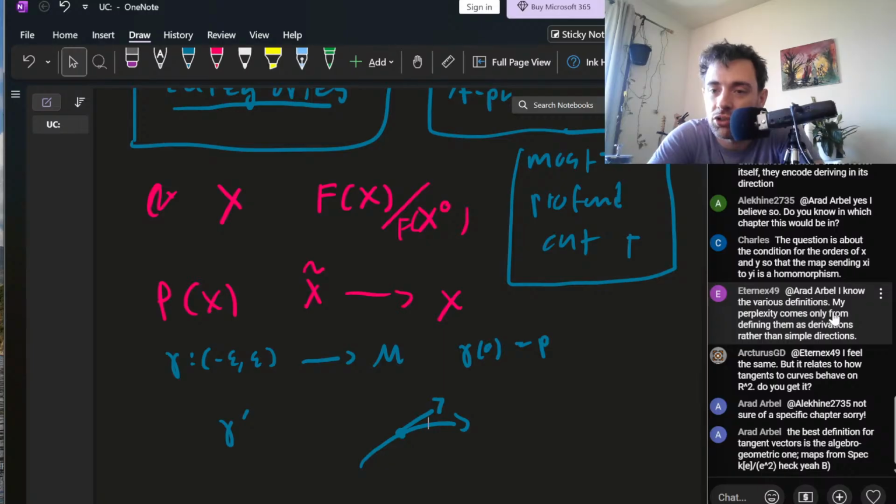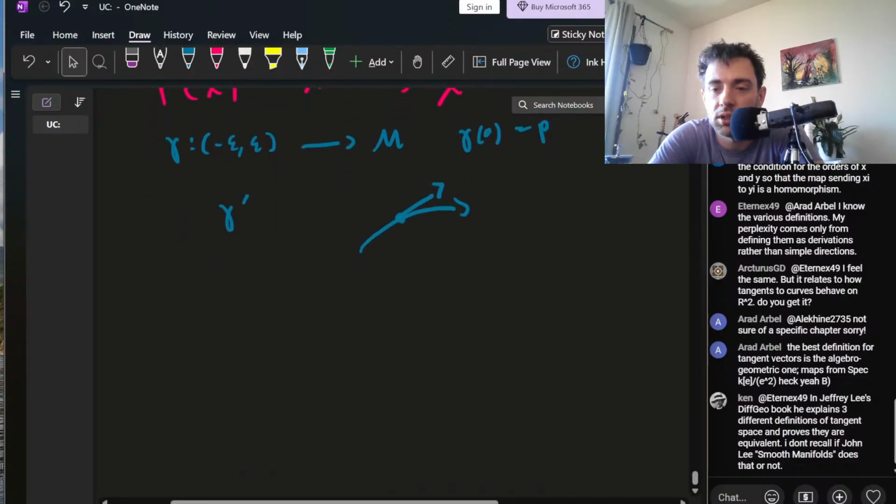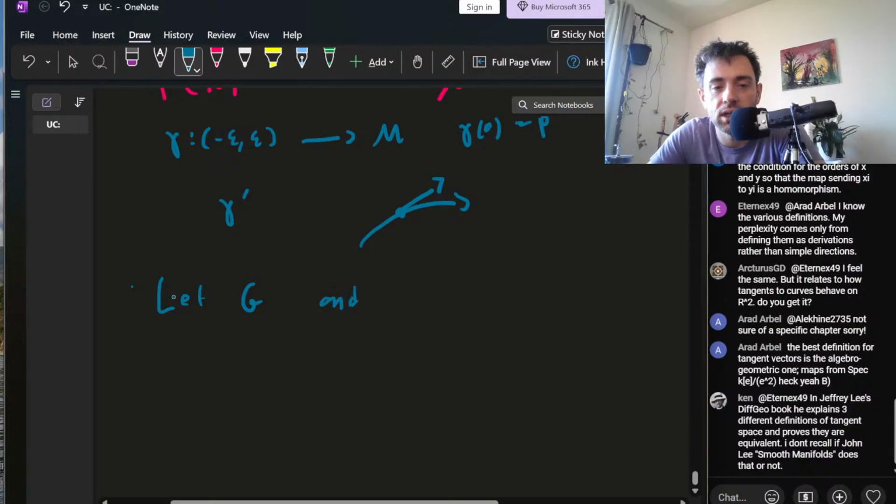Question is about the condition for the orders of x and y so that the map sending xi to yi is a homomorphism. Oh, so sorry. Let me see if I can phrase it this way. So let G and H be cyclic.